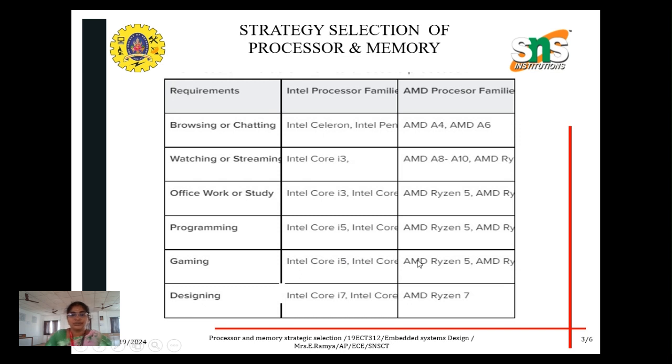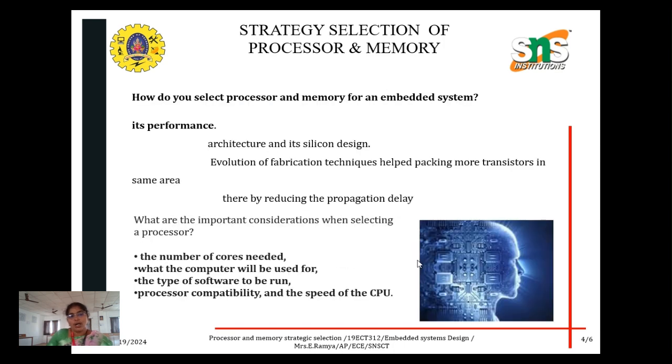I hope you understand the different types of applications and how to choose the processor based on the application. So how do you select a processor and memory for an embedded system? Till now we discussed how to select a processor for a laptop. Now we have to concentrate on embedded systems.